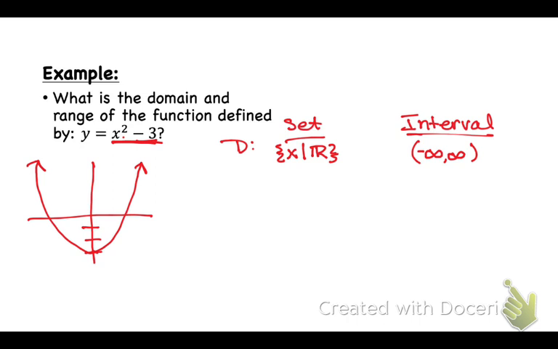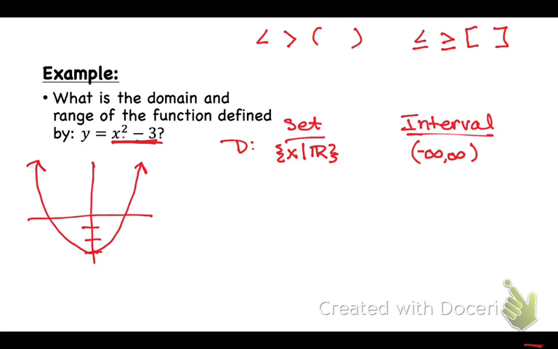I don't get that rule. What do you mean? If we put a bracket or parentheses. Okay, so parenthesis means it doesn't include that number. So when I had less than or equal to, those would be brackets.